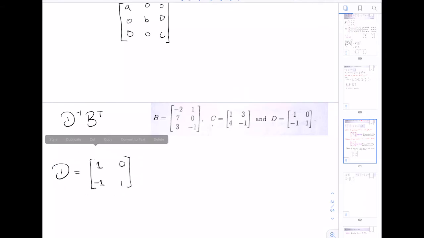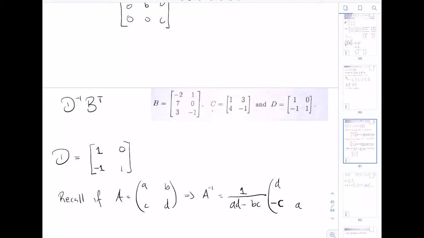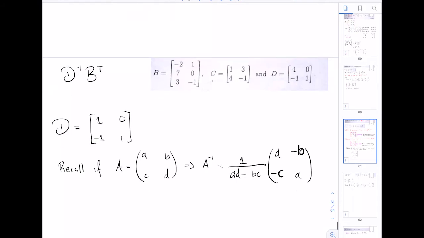Let's get some space here. So recall, if A is equal to the matrix with rows A, B and C, D, then A inverse is equal to 1 over AD minus BC times the matrix D, minus B, minus C, A. This is the form for the inverse.